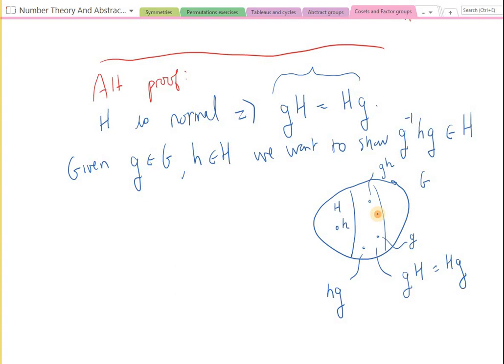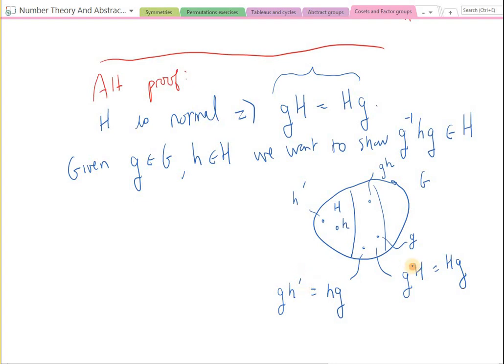And what that means is that for example, here I have this element, little g times little h, or let me take this one, this element, little h times little g. What that means is there has to be another h prime such that hg equals h prime g, equals gh prime.